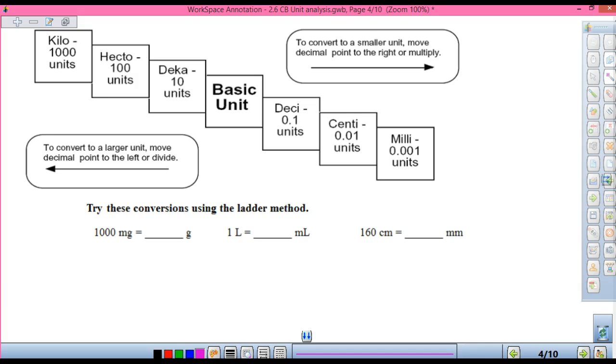So if I've got 1,000 milligrams, how many grams is that? 1, yep. How many milliliters in a liter? 1,000, yep. And if I'm just going from centi to milli, I just have to add what? Add a 0, yeah.